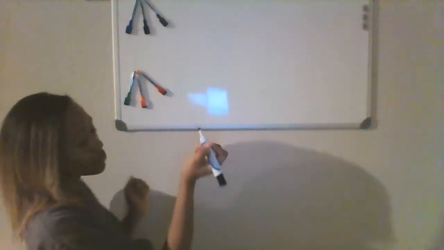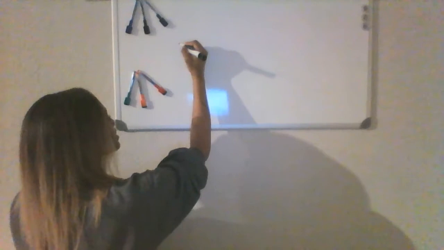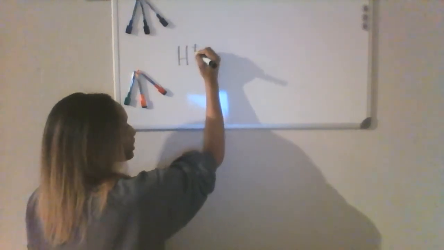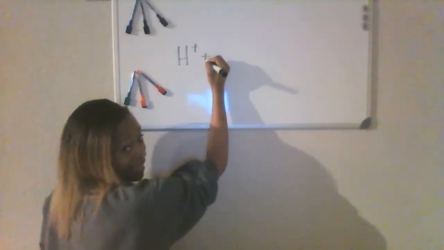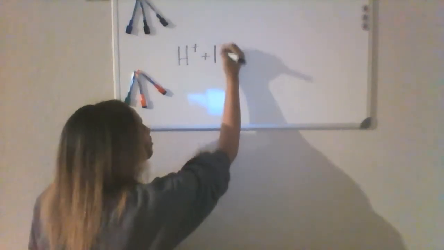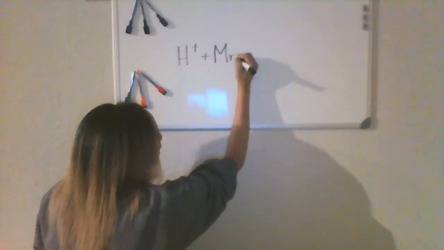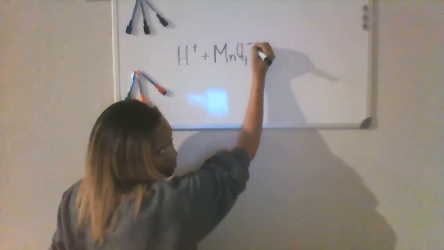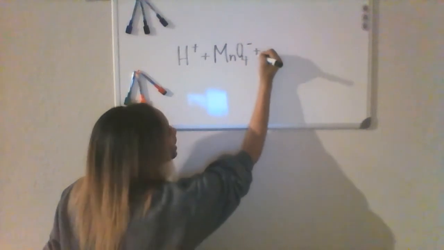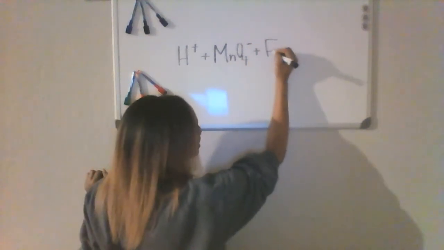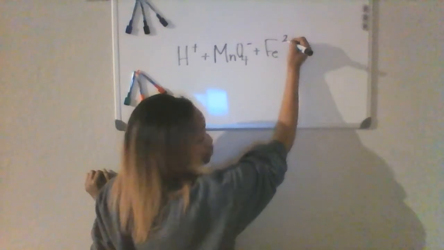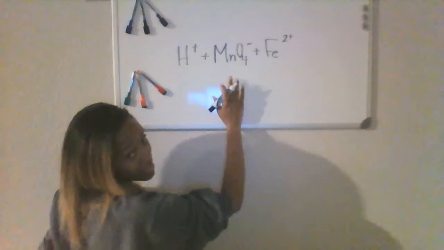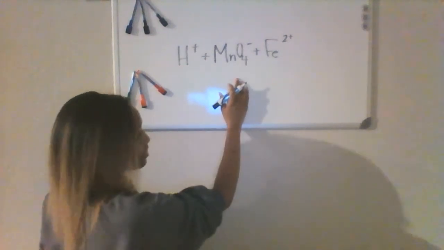So here we go. First, this is our acid, H+, okay? Got that? And permanganate, MnO4-, plus Fe2+. All right, so this is going to be the left-hand side of the equation.